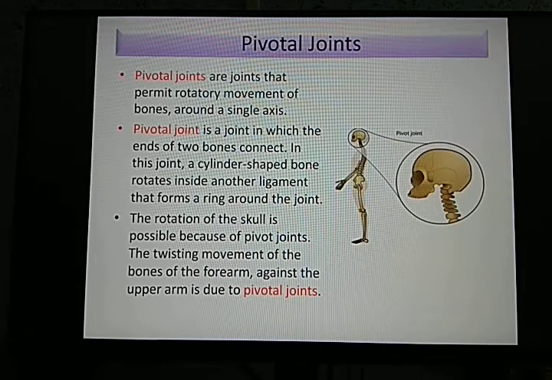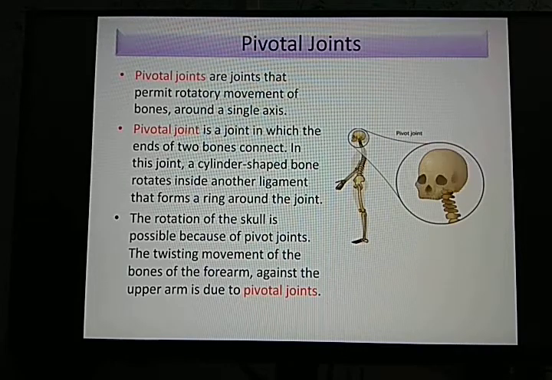So in this way, the skull is connected to the spinal cord, and such a joint is called a pivotal joint, and this kind of joint helps us to move our body parts in a rotatory fashion. We can rotate our skull sidewise, front and back. Clear? So this is possible with the help of these pivotal joints.